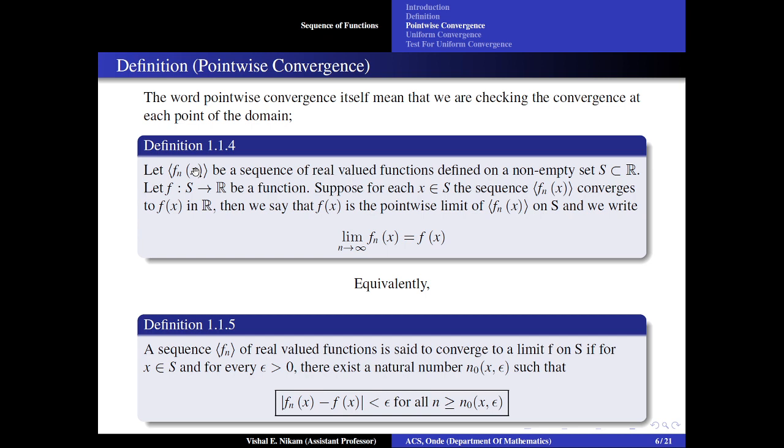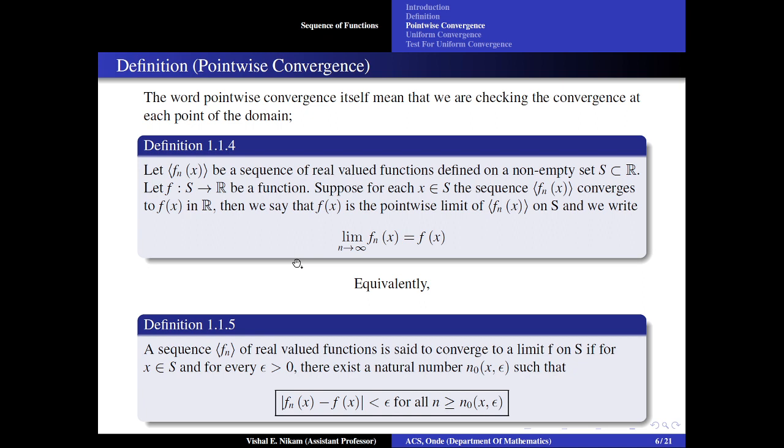In this way, by varying x, we can calculate the limits, and finally we get a function f from S to R, which is called the pointwise limit.